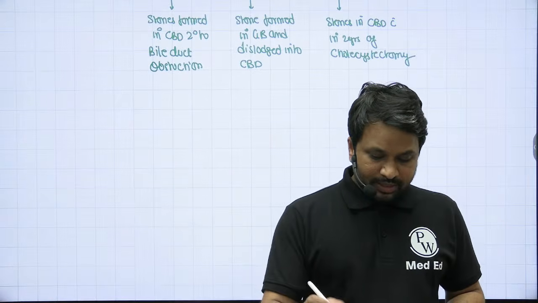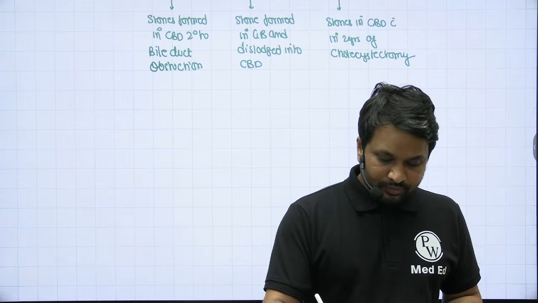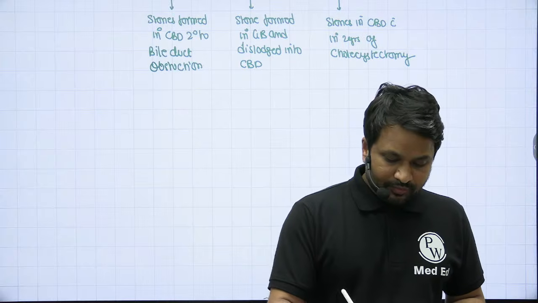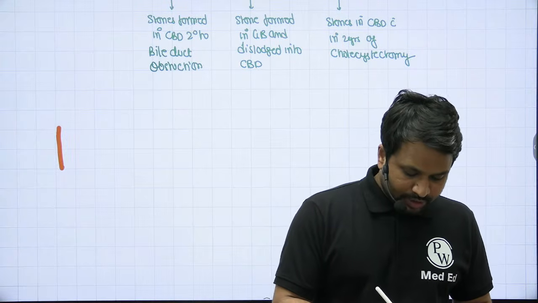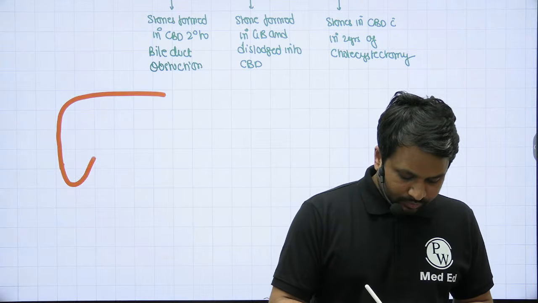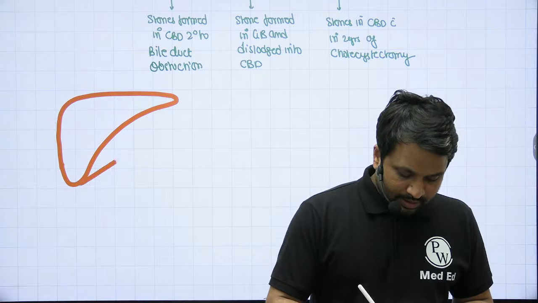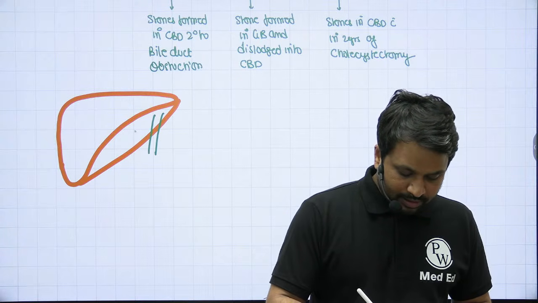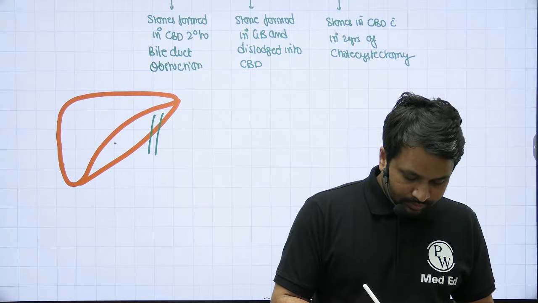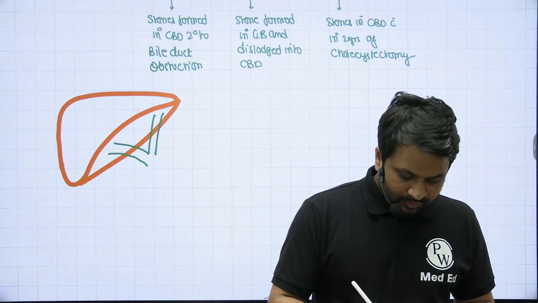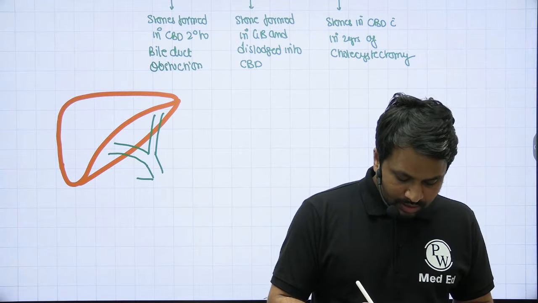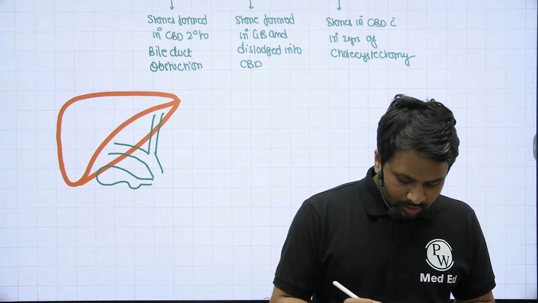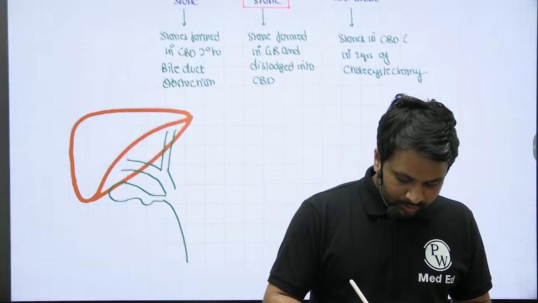Now, just to get things into perspective, take this as the representation of the liver. This is the right hepatic duct, the left hepatic duct, the common hepatic duct, the cystic duct, together with the gallbladder, and this is the common bile duct.